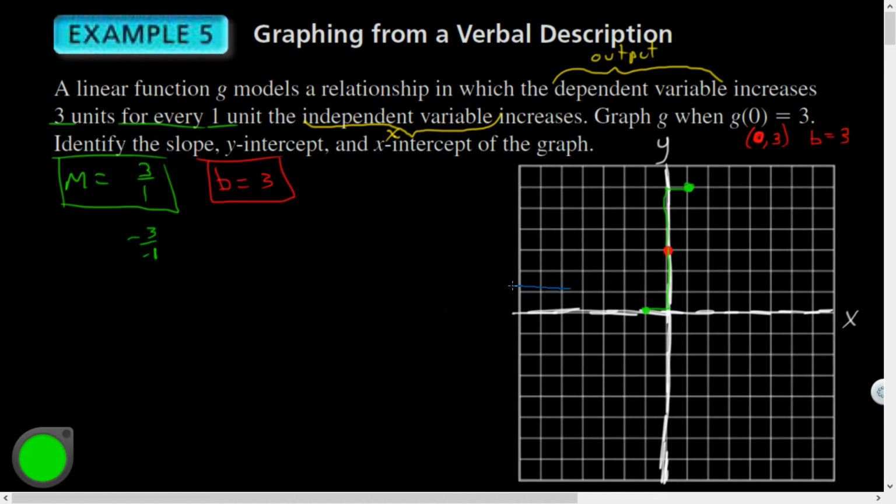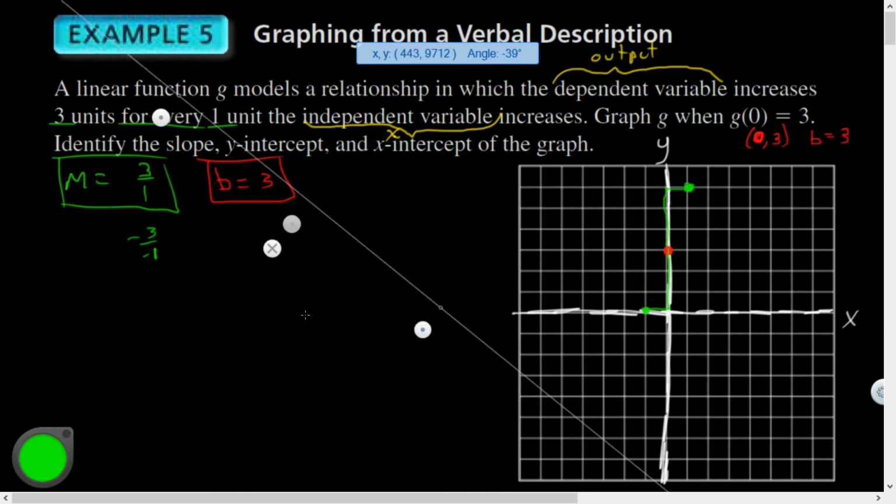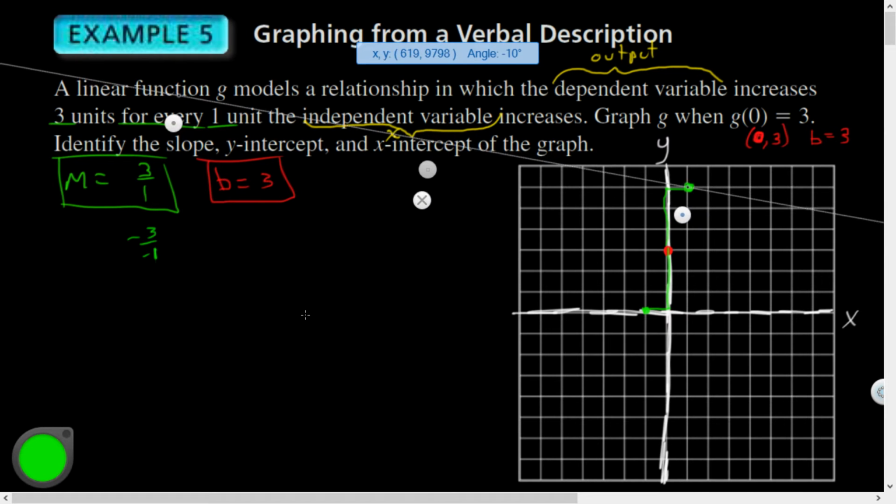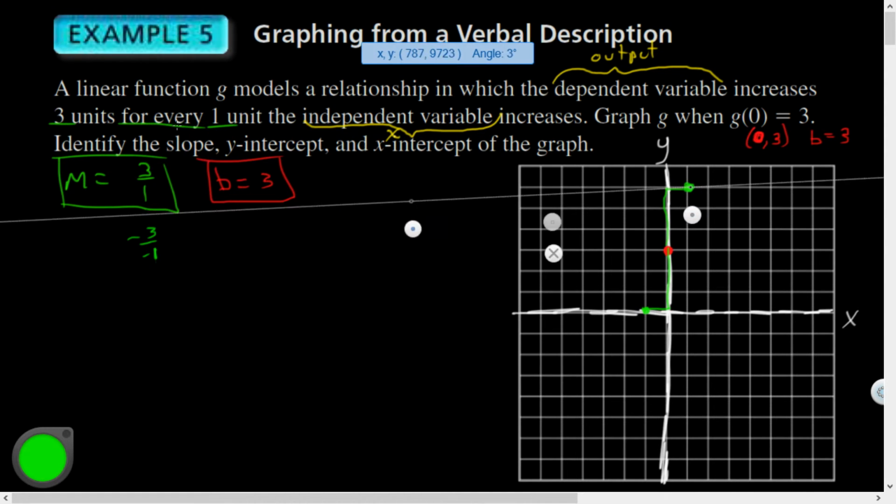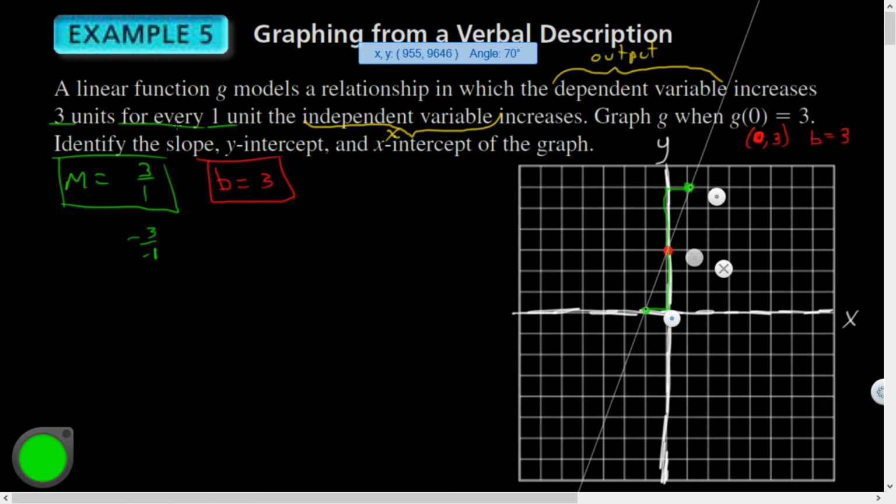That would also work out. Here we go, and voila, there is my line with a slope of 3 and a y-intercept of 3.